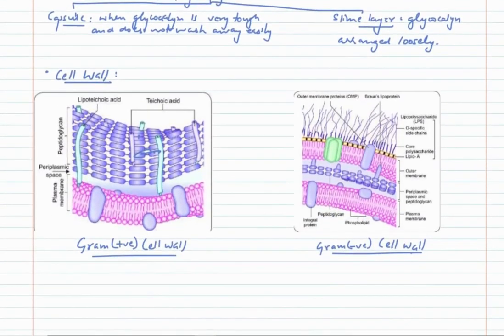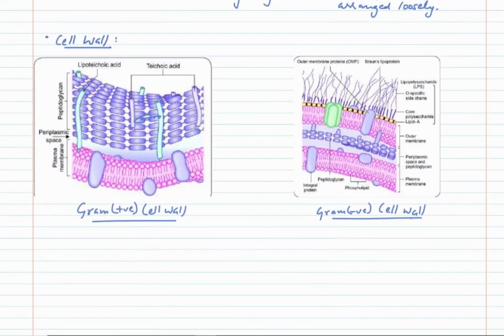So after the glycocalyx, we move on to the cell wall. The cell wall differs in structure in a gram-positive and a gram-negative bacterium. Now, gram staining is a method of identifying bacteria on the basis of their cell wall characteristics. The gram stain contains a dye known as crystal violet or gentian violet, which is used to stain the cell wall.